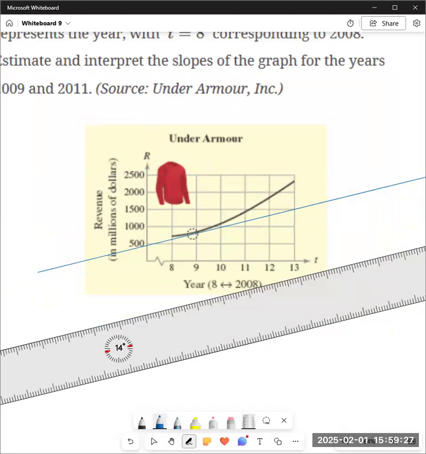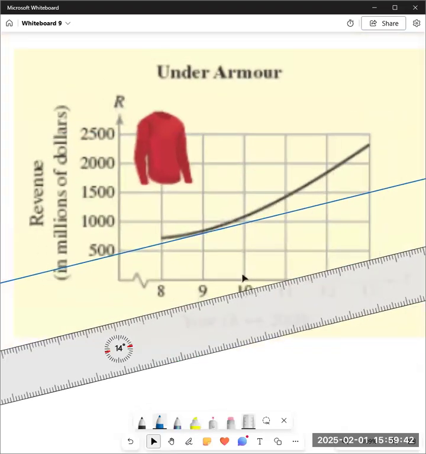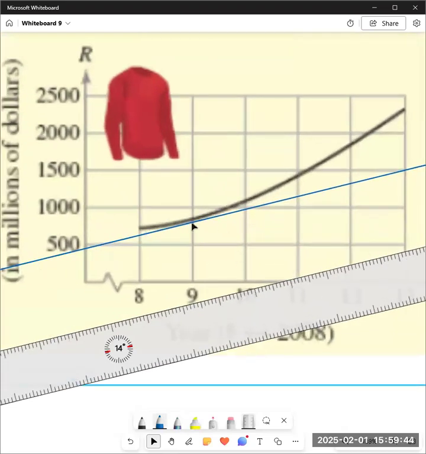So it looks like it's going through the point 9, 800, and then it looks like this probably goes through 10, and see, I'm a little off.